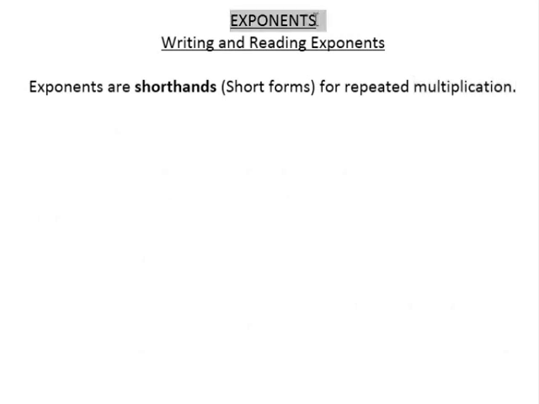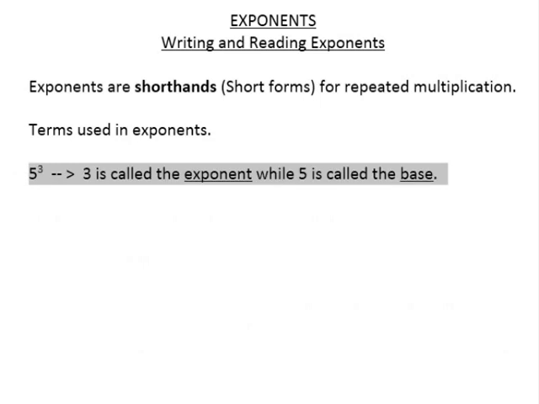We're going to see what those exponents are and how they look, but we have to see some terms used in exponents. There are special terms which are used in exponents which you have never seen before. Let's see this simple example here. You have seen the big number down here and there is 3 up at the top right.